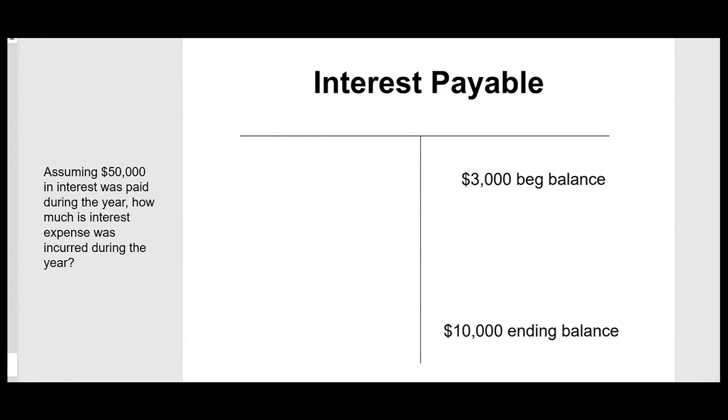The beginning balance of interest payable was $3,000. The ending balance was $10,000. And we can see that the $10,000 ending balance represents interest expense this year, going to be paid next year. So that $10,000 is not already in the $50,000 paid, but since it was incurred this year, you would add the 10 to the 50 and get $60,000.